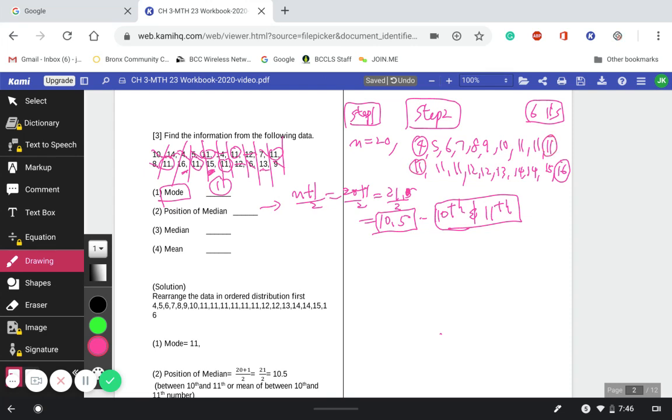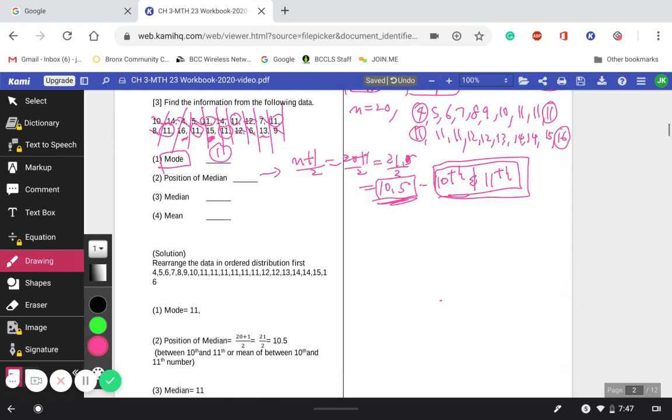But the position of the median is 10th and 11th, 10.5, or you write between 10th and 11th. And the median itself, you get the 10th value and 11th value and divide by 2. This happened to be 11 plus 11 divided by 2, which is 11.